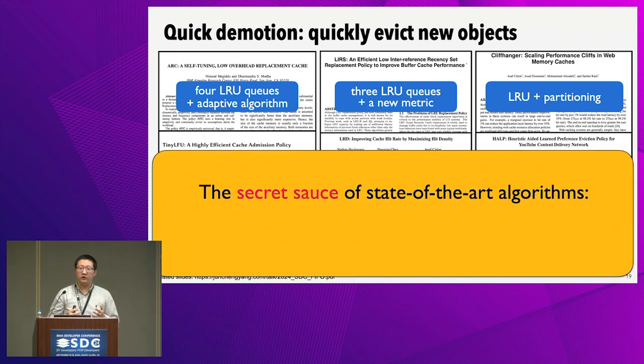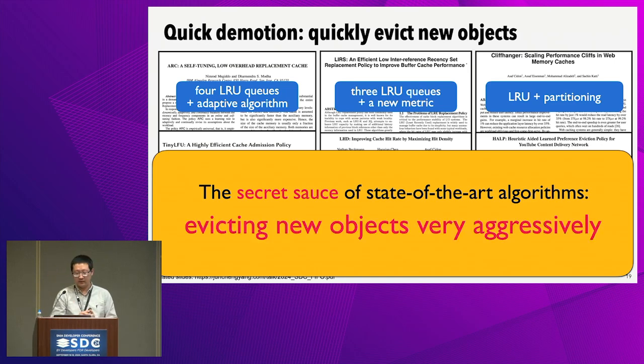However, if you implement those eviction algorithms and do some measurement, you will find that the secret sauce of all these state-of-the-art eviction algorithms is that they evict objects very aggressively. After a new object gets inserted, they quickly evict those objects using different approaches. And this turns out to be the secret sauce of all those algorithms.